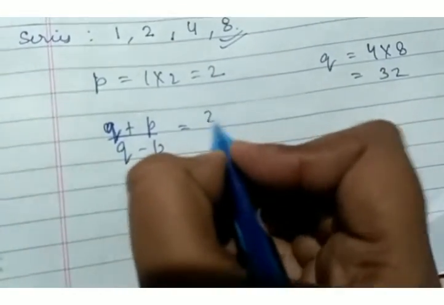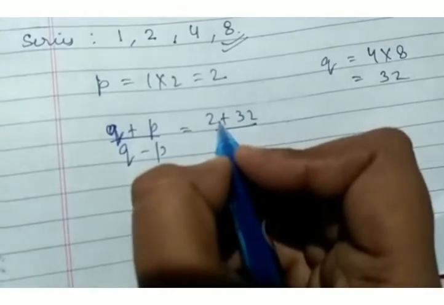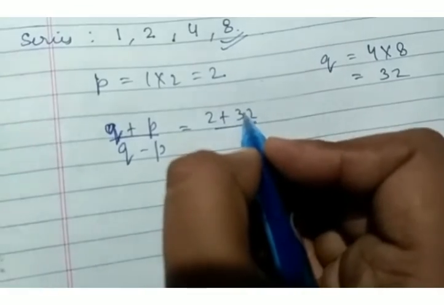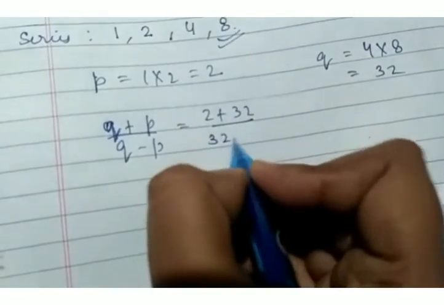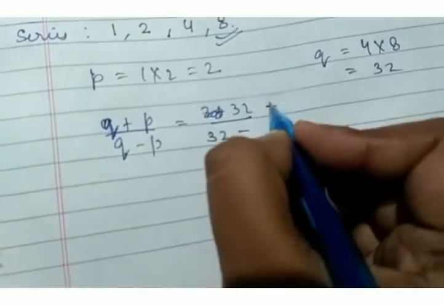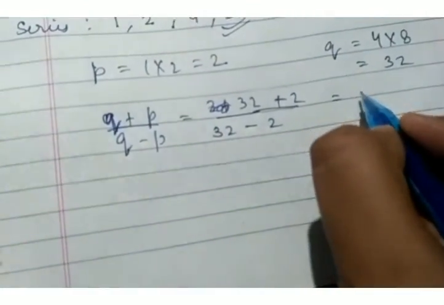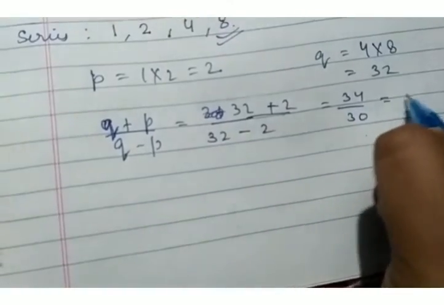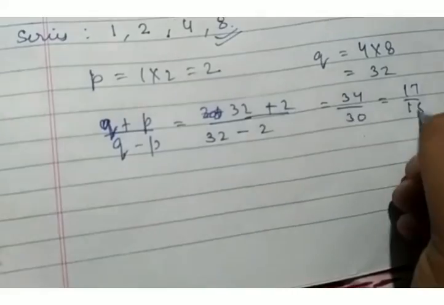So 32 plus 2 upon 32 minus 2. 32 plus 2 is 34, and this is 30. Once you divide it, you will have the ratio 17 is to 15.